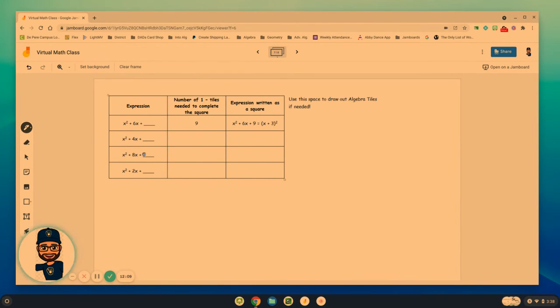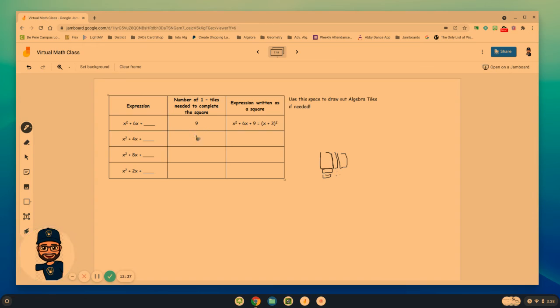All right, so let's see. If I've got an x squared plus 4x, that leaves me with an x squared. I'd have 2 and 2 going this way. This is not going to work the way Mr. G wants it to. So I'd have 2, and then I'd have another 2, and then I'd have 2 and 2, meaning I would need 1, 2, 3, 4 of them here.